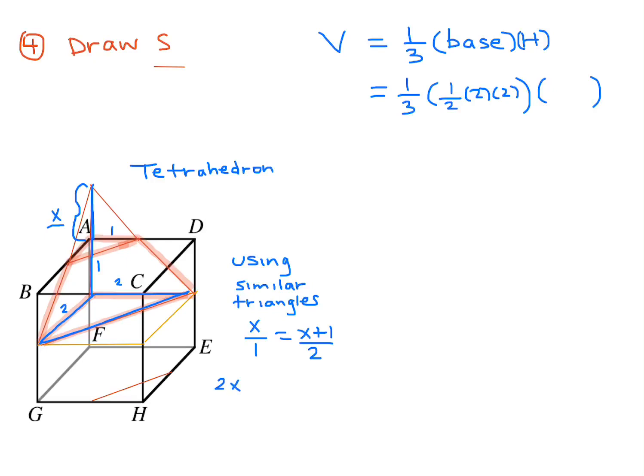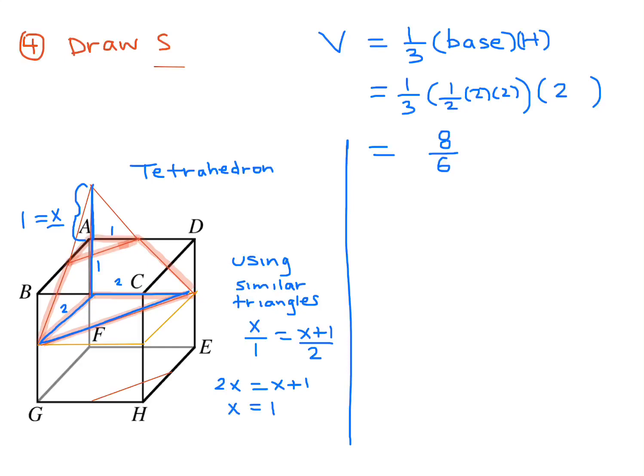And then if you solve for this, you get 2x is equal to x plus 1, and therefore x is equal to 1. Great. Simple number. So now we have the height. The height is the full from the top all the way to the bottom. And that looks like 1 plus 1, so that's 2. So therefore this becomes 8 over 6. And that is the height of the total tetrahedron.